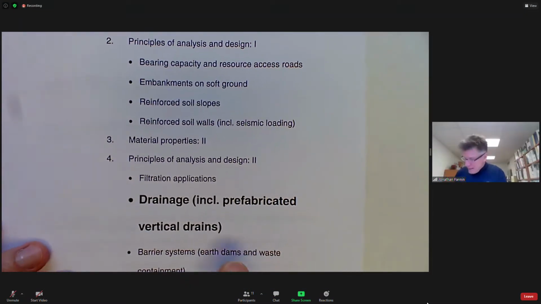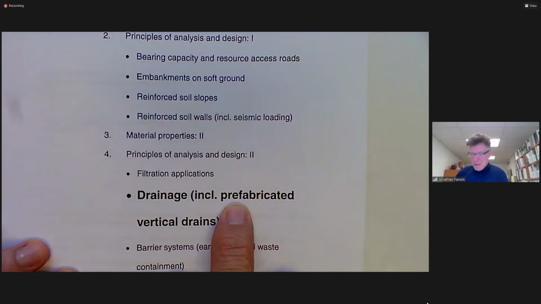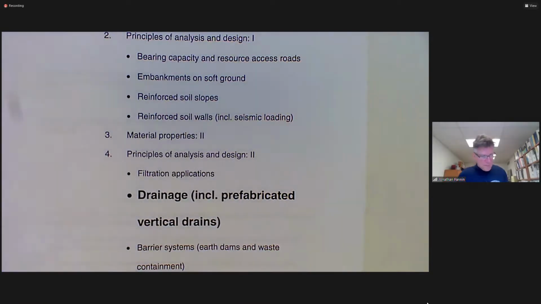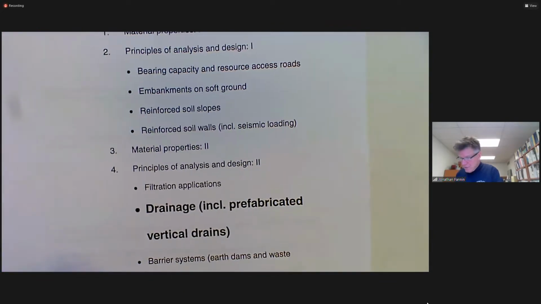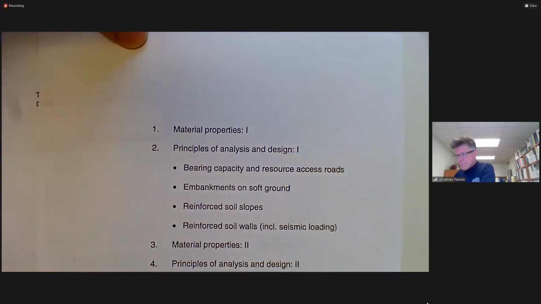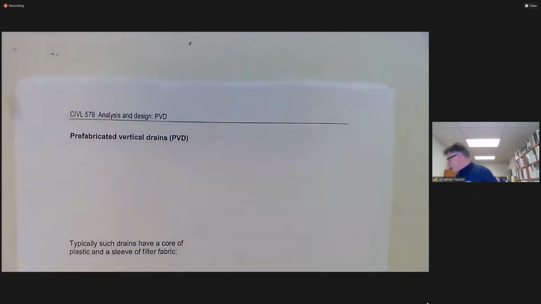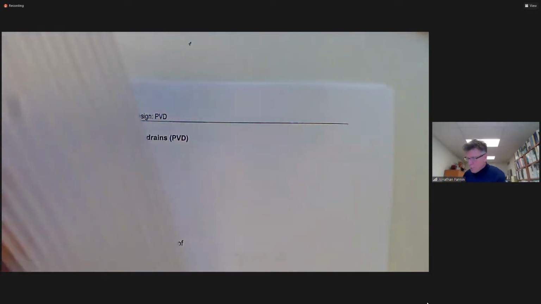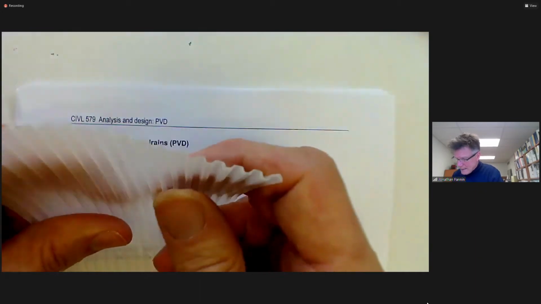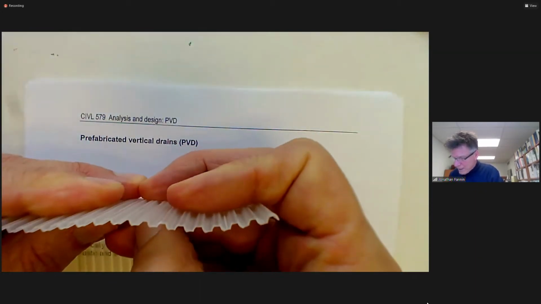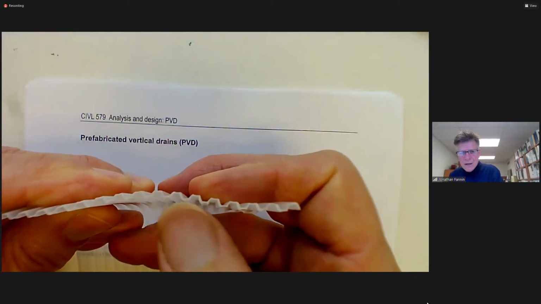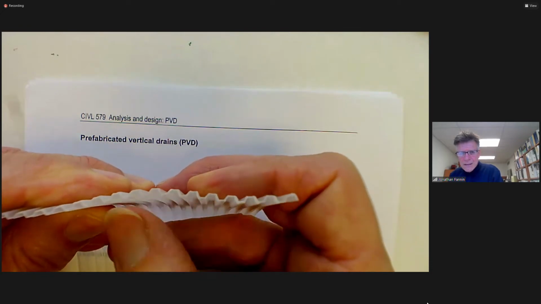On the subject of prefabricated vertical drains, when we talk about prefabricated vertical drains, we're talking about a drain that looks like this. They're not all made exactly the same, but if I turn up the corner here, you can see that kind of corrugated look to it.